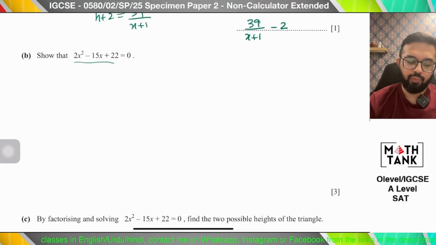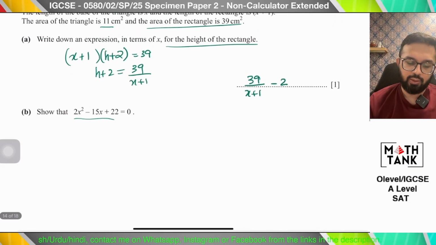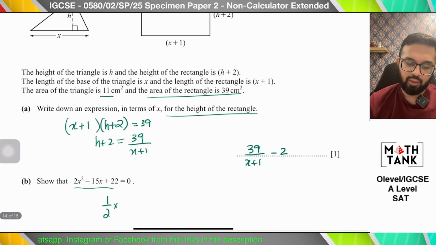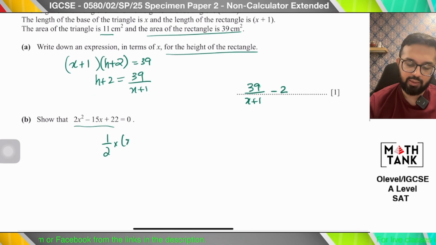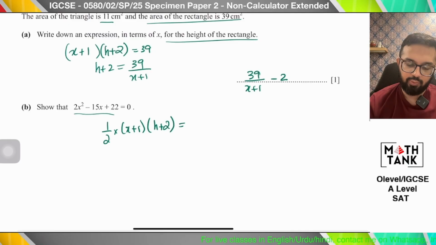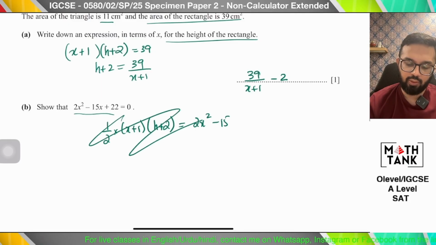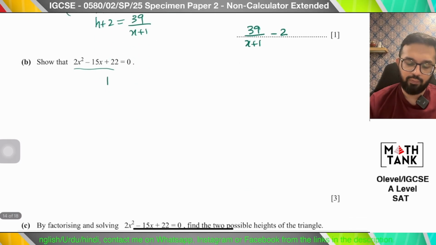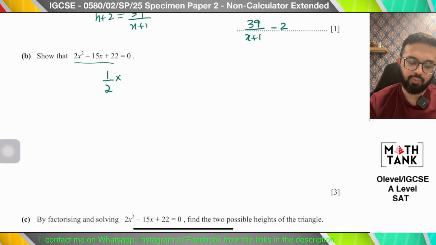Okay. That says show that this. How would I show? I would use the other area. I would say half base into height. That's the base and height: half into x into h.